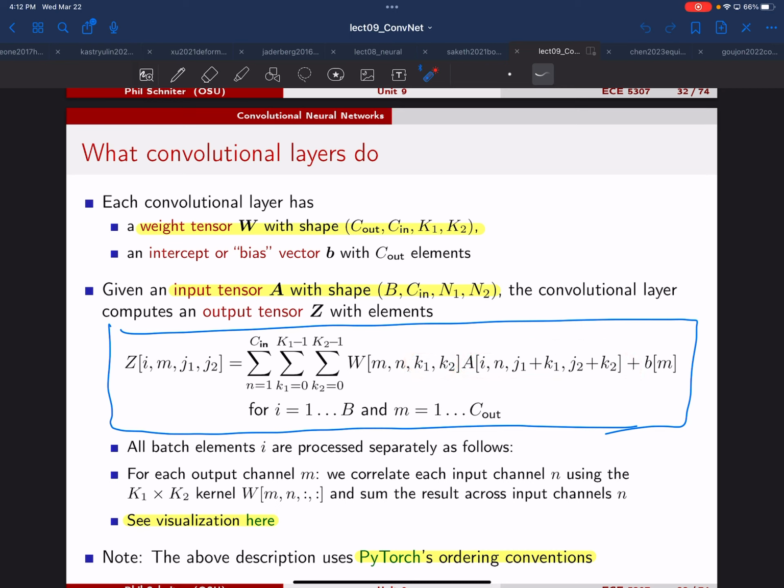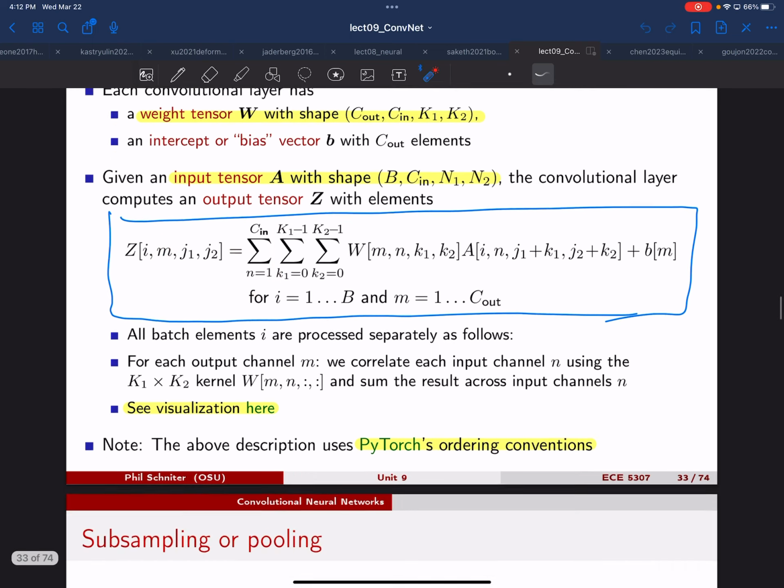So when we learned about those spatial convolutions, we're essentially doing a separate spatial convolution from every input channel N to every output channel M. So we have a different kernel for every one of those. And then we're just summing across those input channels to get the mth output channel. Okay, so that's what's happening.